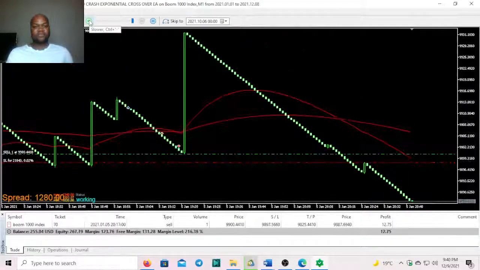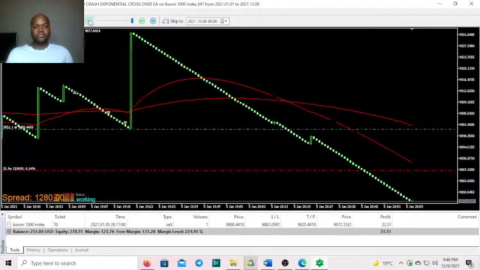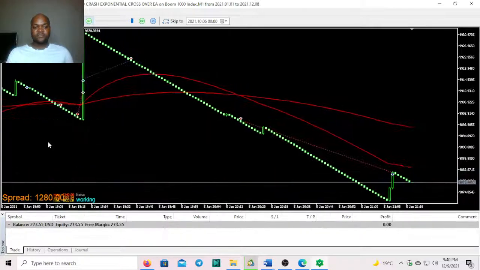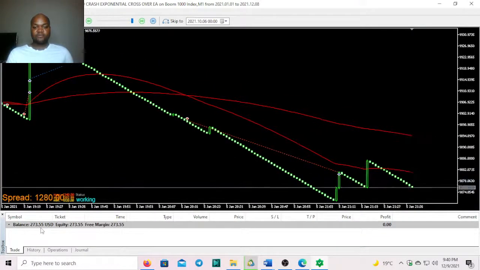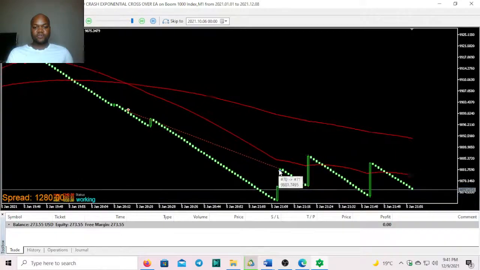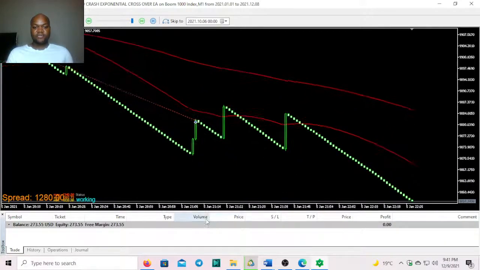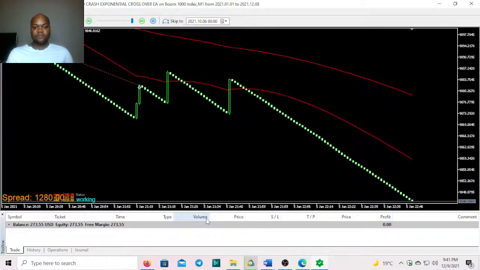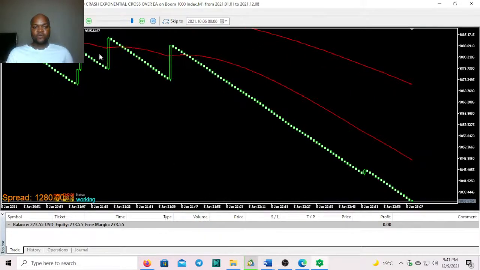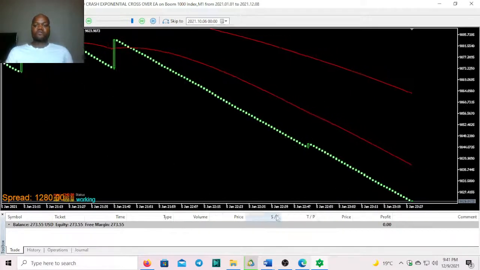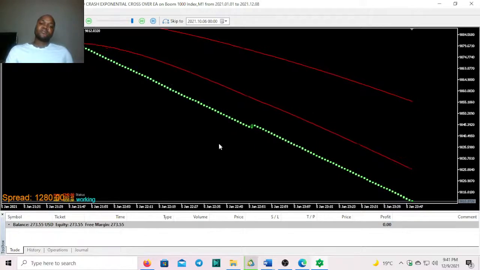There, it sold. Okay, it sold, and you can see our money is going up. Sold, close the trade here. So you can play around with even the trailing stop. There's a trailing stop.